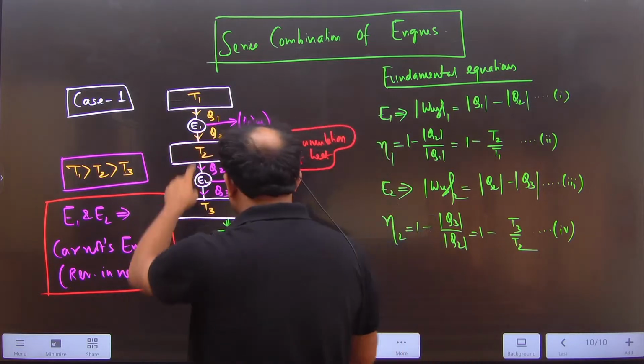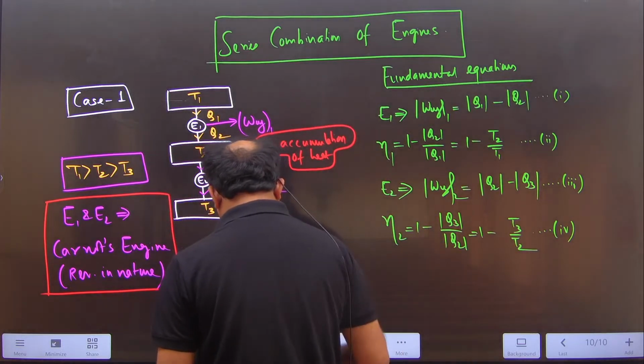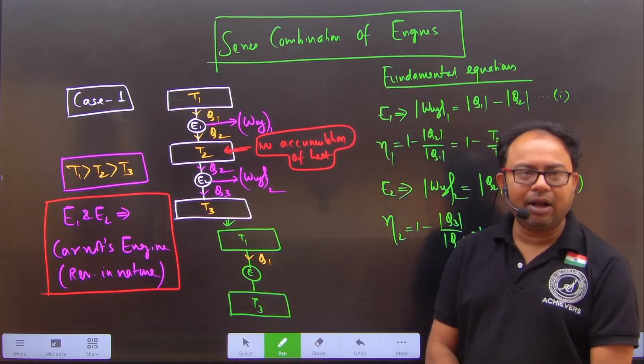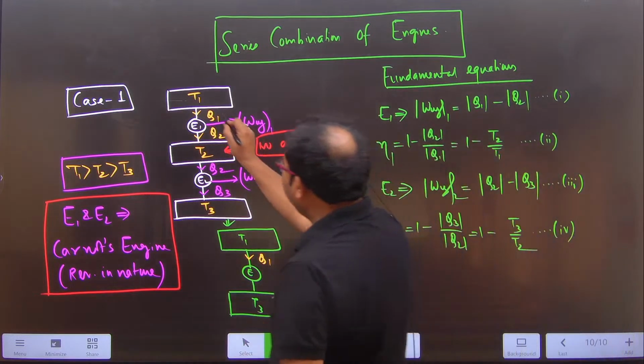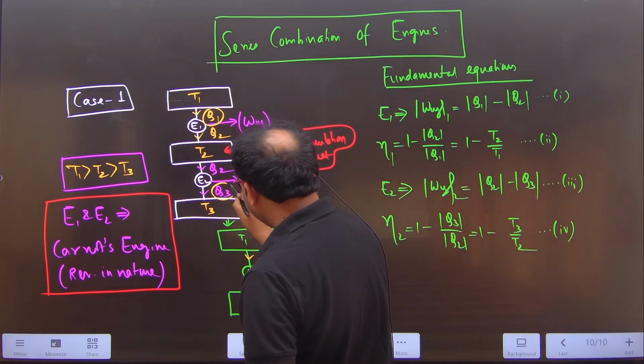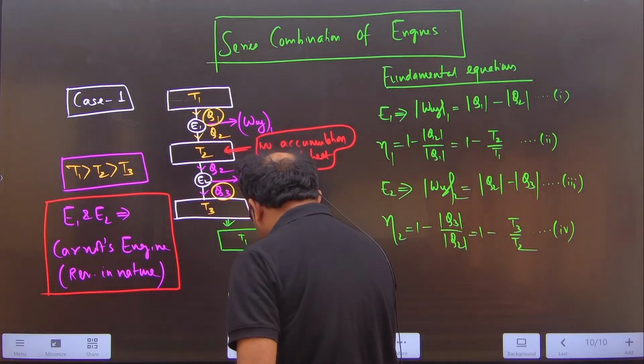E will be withdrawing Q1 amount of heat from T1 and will be rejecting Q3 amount of heat to T3.